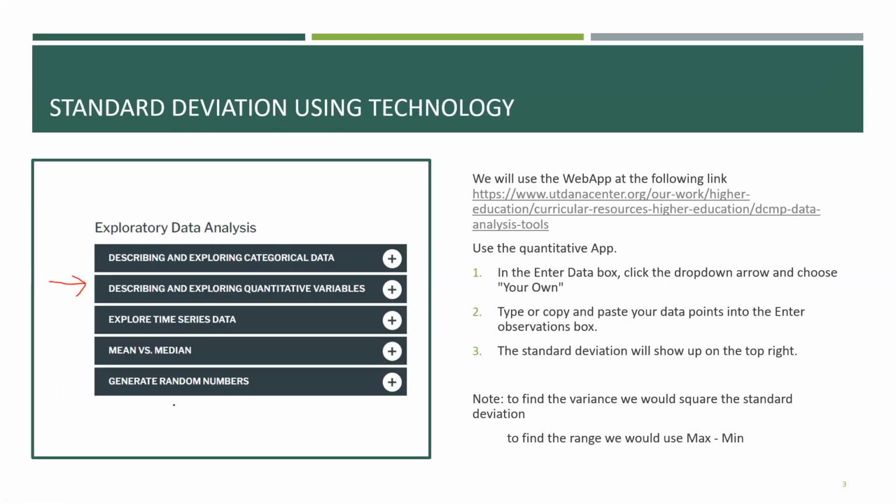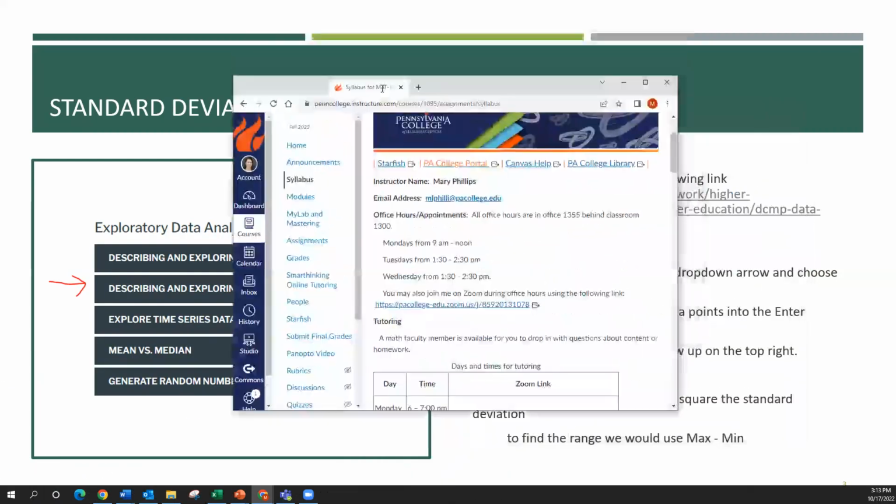We're going to be using the Data Center app, and the one that we're going to be using is the second one, the quantitative one. Let me pull over our Canvas site.